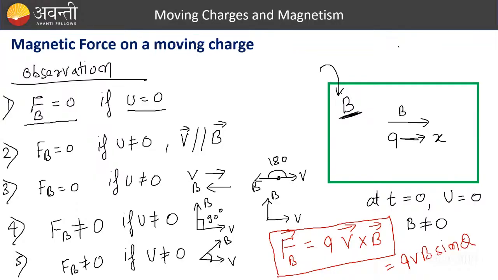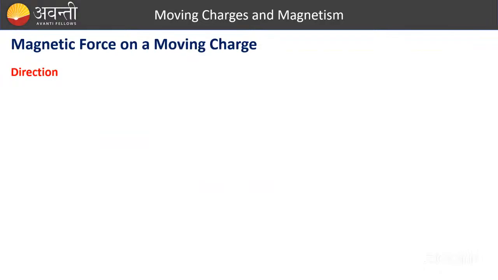So what is theta? If theta is 0, sin 0 is 0. If theta is 180 degrees, sin 180 is 0. If theta is 90, you will get the maximum value of force. And for theta less than 90, the value of sine will be less than 1, so force will be smaller than qvB. So what is the formula of force we are getting?